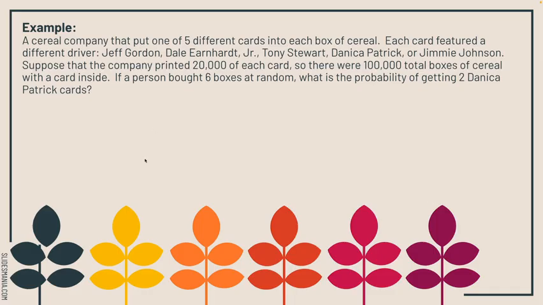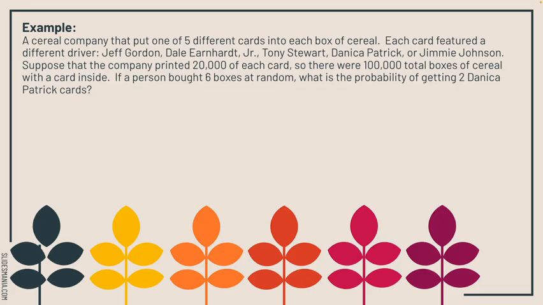Okay, so our example is a cereal company that put out one of 5 different cards in each cereal box. Each card featured a different driver: Jeff Gordon, Dale Earnhardt Jr., Tony Stewart, Danica Patrick, and Jimmy Johnson. Suppose that the company printed 20,000 of each card, so there were 100,000 boxes of cereal with a card inside.